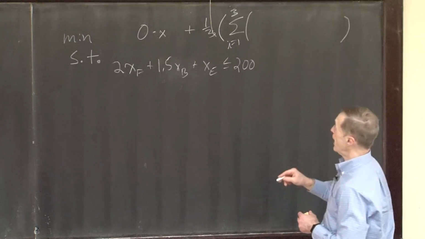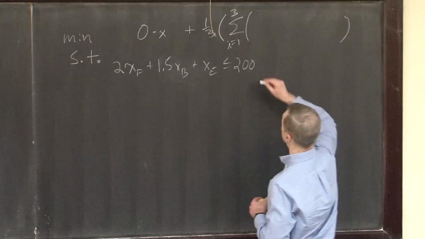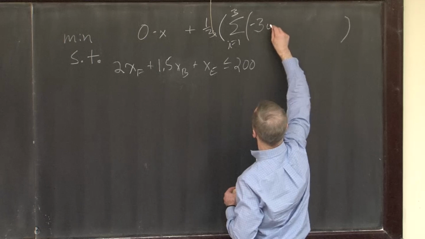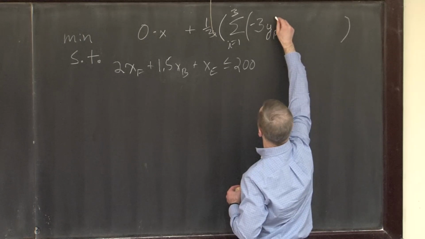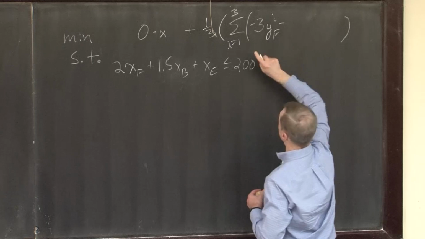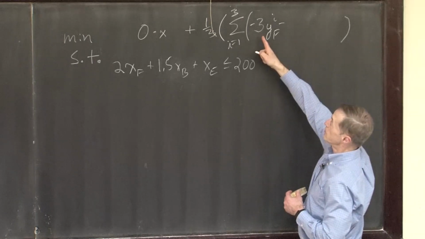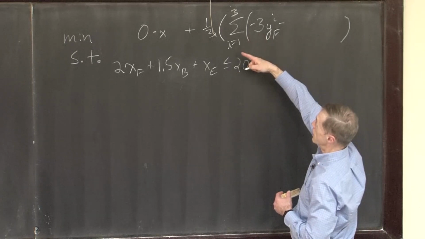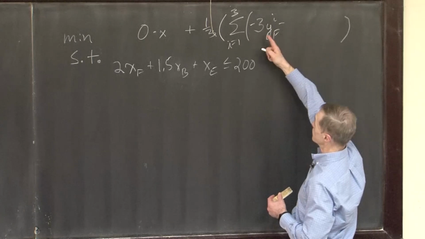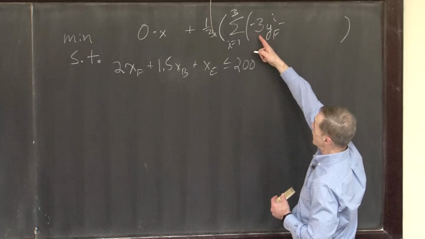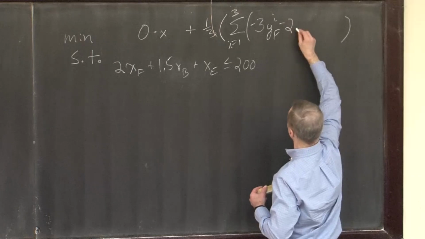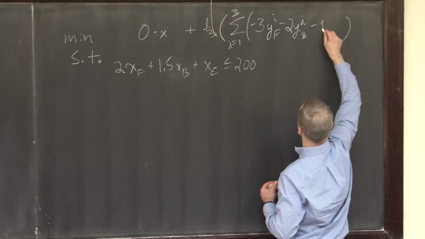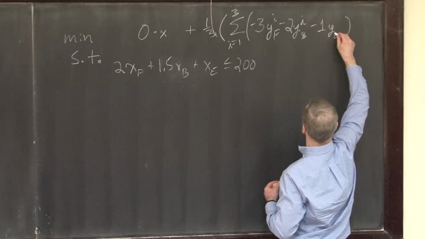And now the revenue I get is 3 times as much for the first class, and it's negative because it's revenue. I would maximize expected revenue, but here I'm minimizing the negative of expected revenue. So minus 3 times the first class, minus 2 times the business, and then minus 1 times the economy.